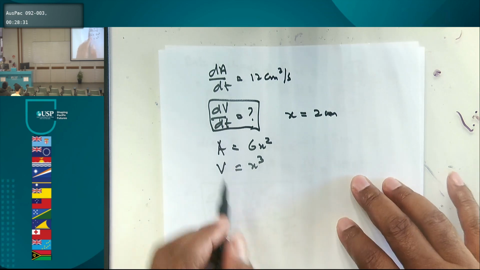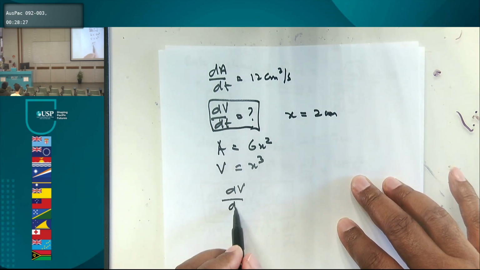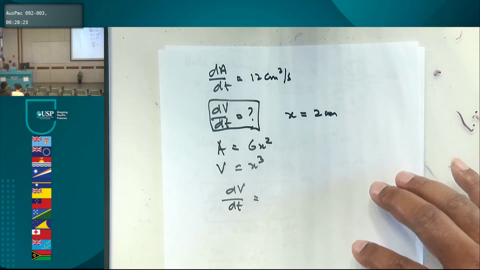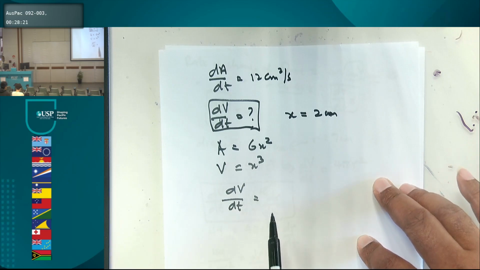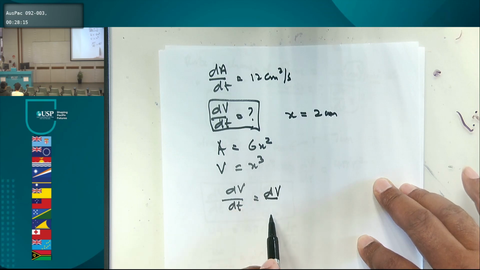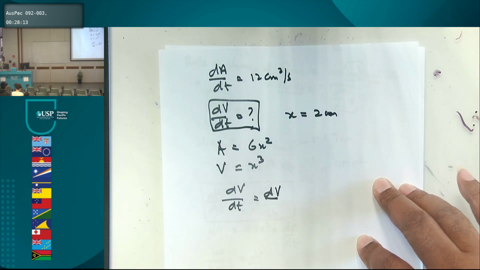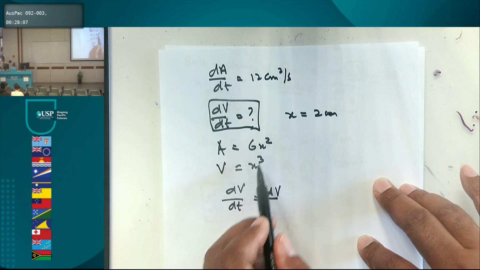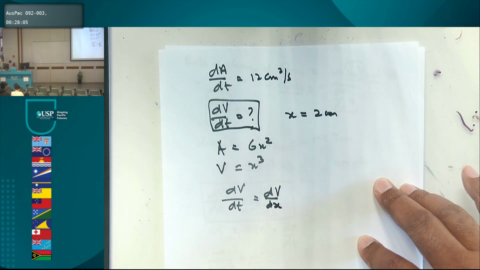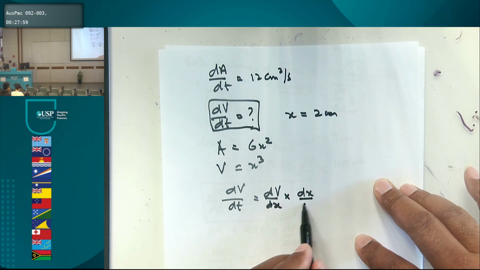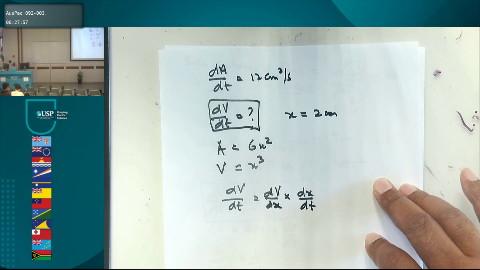And we know dV over dt. What's the related rate equation that we're going to use? Instead of dr as in the previous example, we will use dV over dx, because the equations are given in terms of x, the side, times dx over dt.